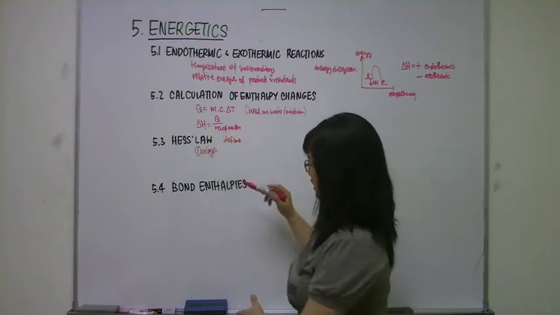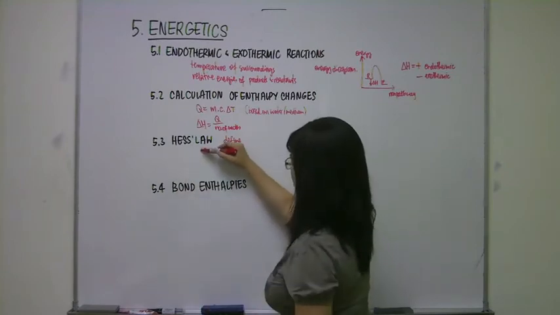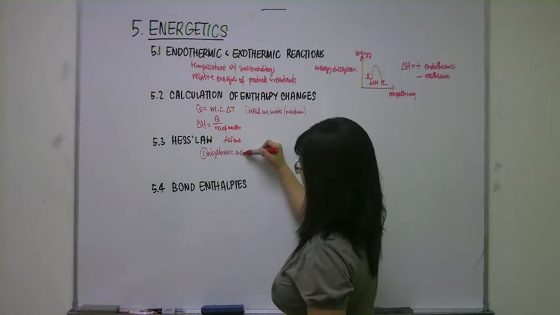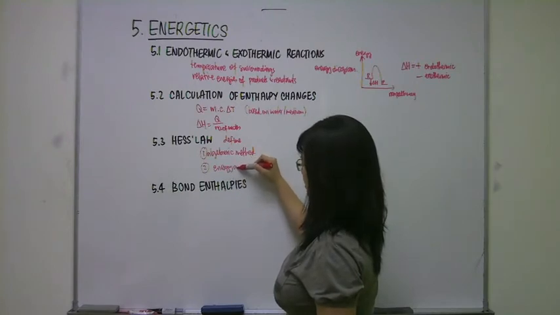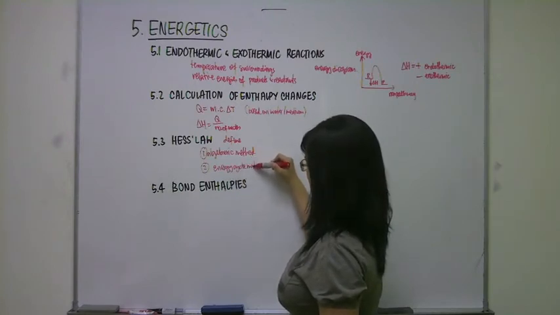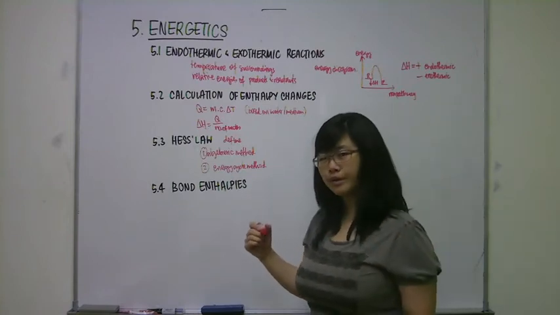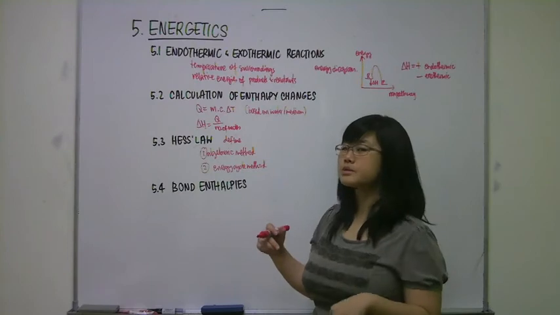One will be the algebraic method. Another one will be energy cycle method. Okay, it's good for students to know both, and the example can be found in the notes.